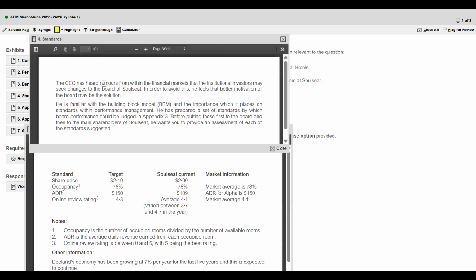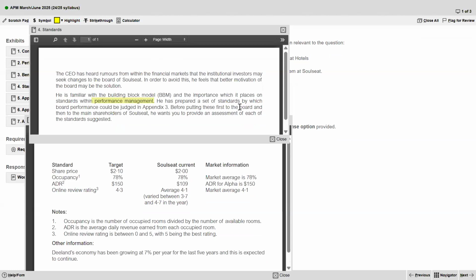Okay, the CEO has heard rumors from within the financial markets that the institutional investors may seek changes to the board of Solseed. In order to avoid this, he feels that better motivation for the board may be the solution. He is familiar with the building block model and the importance which it places on standards within performance management.